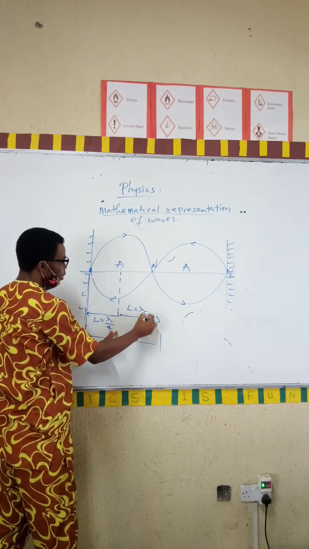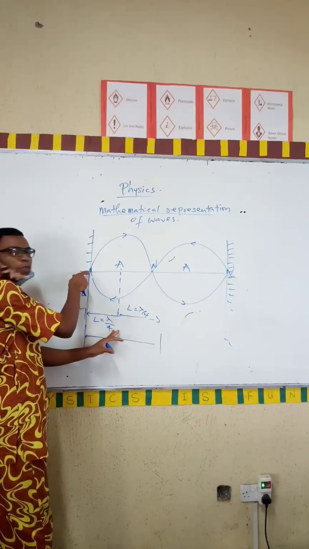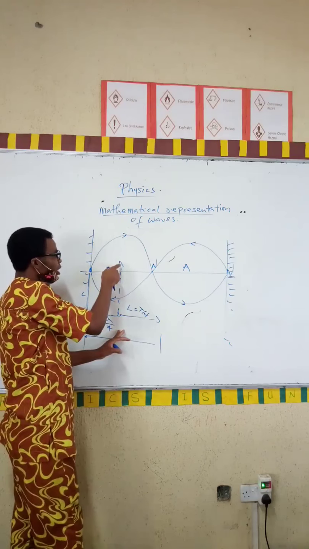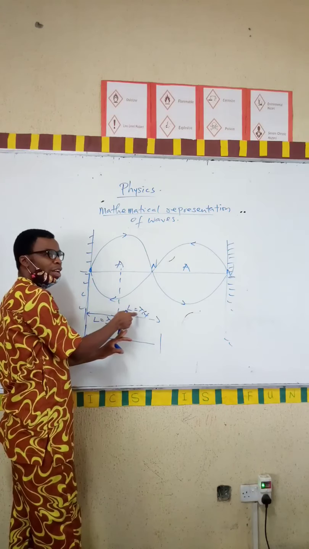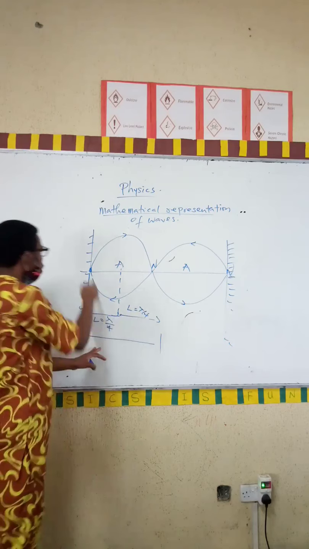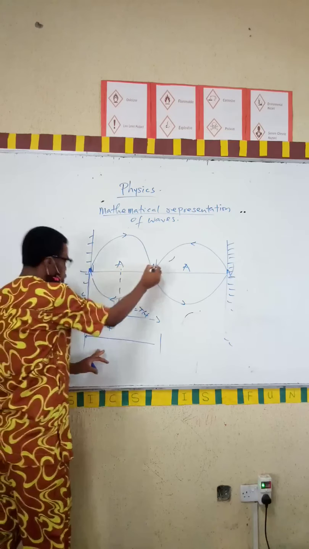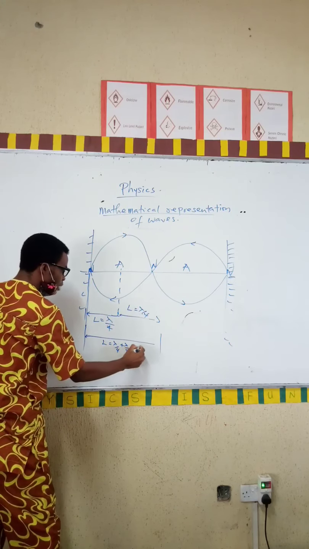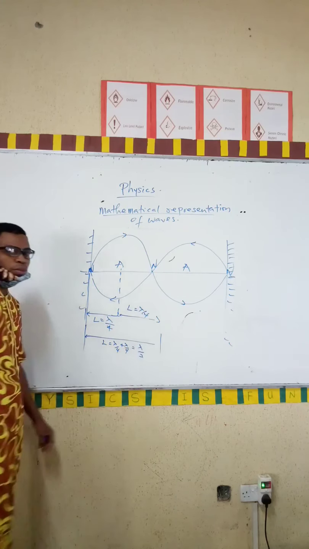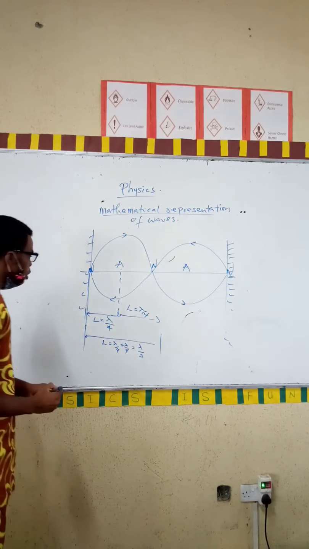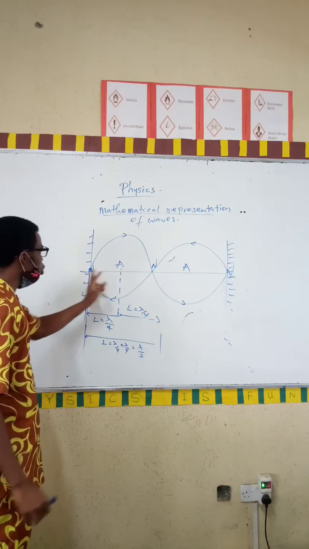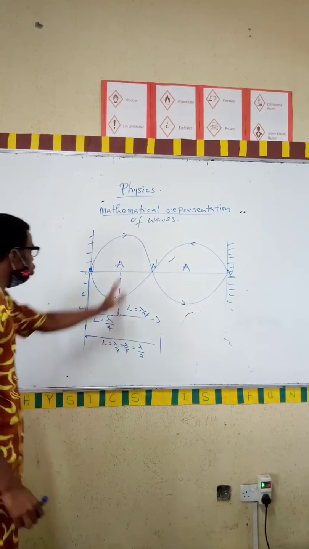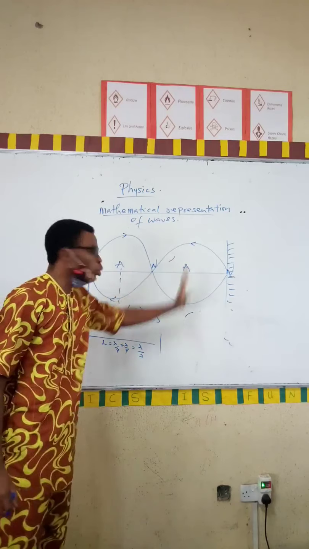So if I move from this node to this antinode, I have lambda over 4. If I move from this antinode to this node, I have lambda over 4. So node to node will be lambda over 4 plus lambda over 4, and that will give me lambda over 2. It means that if I move from node to node, I have lambda over 2. Also if I move from this antinode to antinode, I have lambda over 2.